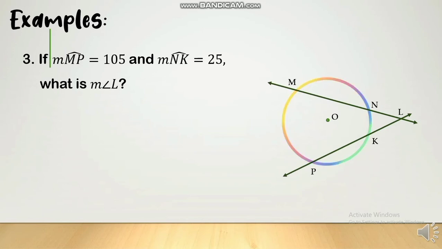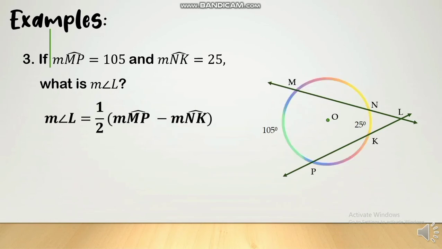And the two secant lines intersect outside the circle and the point of intersection is L. So we have an exterior angle which is angle L. So to get the measure of angle L, the measure of angle L is equal to 1/2 times the difference of arc MP and arc NK.